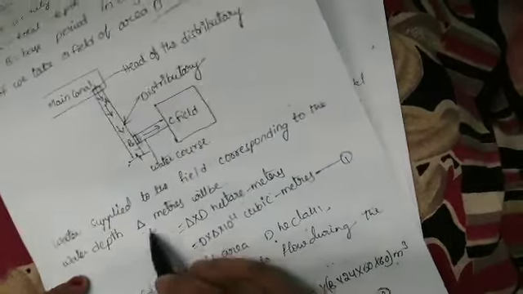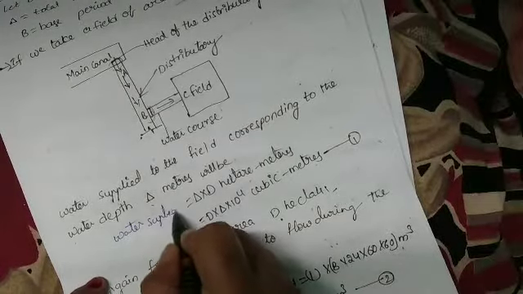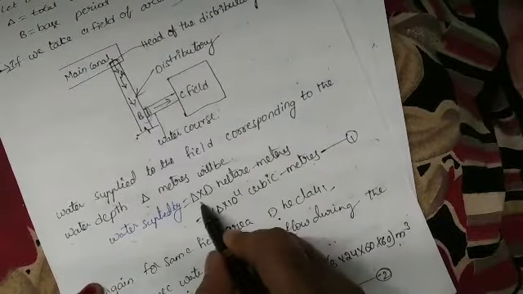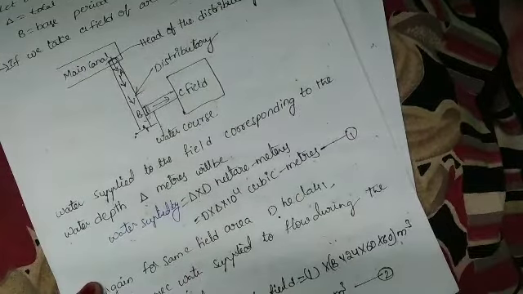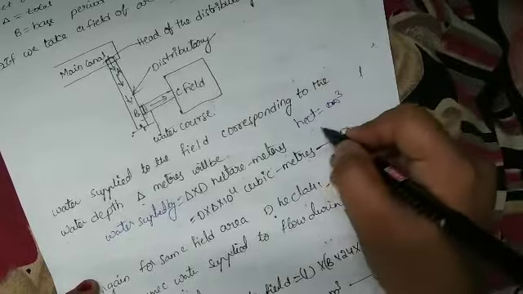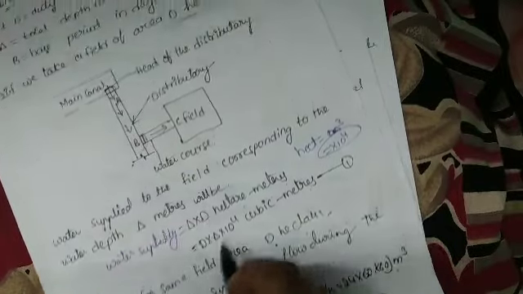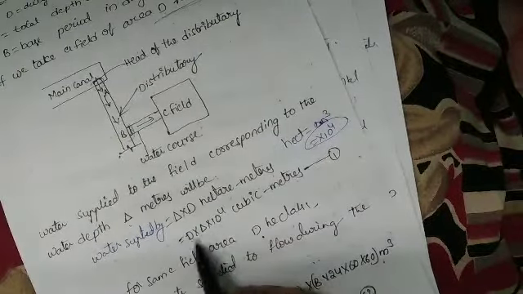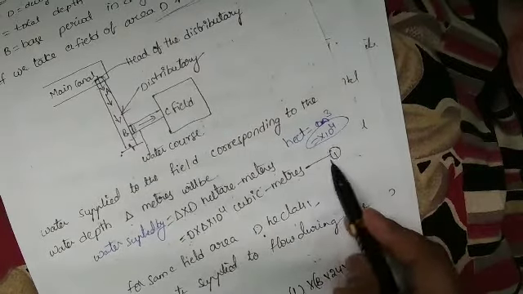So delta meters into D hectares, and converting hectares to cubic meters with a factor of 10 to the power of 4, gives D into delta into 10 to the power of 4 cubic meters. This is the first equation.